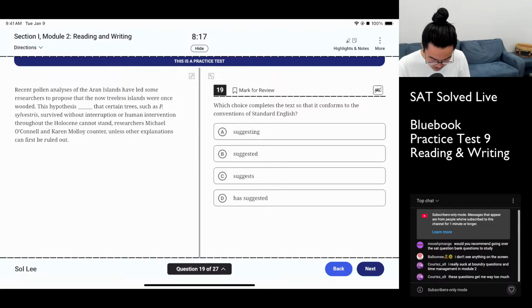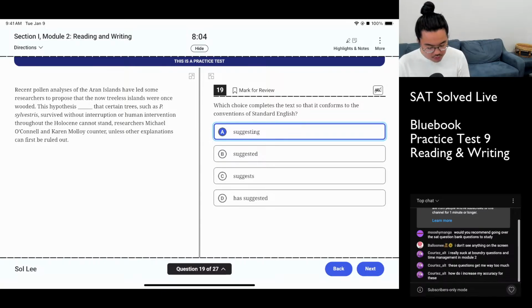This hypothesis suggests that certain trees survived without interruption. Oh, interesting. This hypothesis suggesting that certain trees cannot stand unless other explanations can first be ruled out.